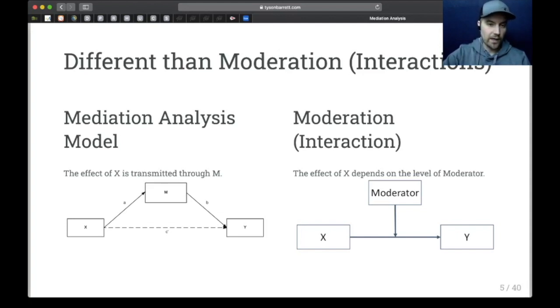This one over here on the left is saying X affects M, which then affects Y, where the diagram for moderation is saying X affects Y, and the moderator affects how X affects Y. So X doesn't affect the moderator at all. They're essentially independent of each other. They move however they want to move. X is not changing the moderator. Rather, the moderator is just changing the effect of X on Y.